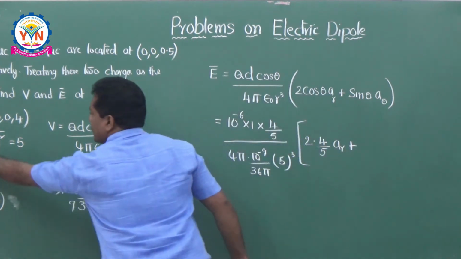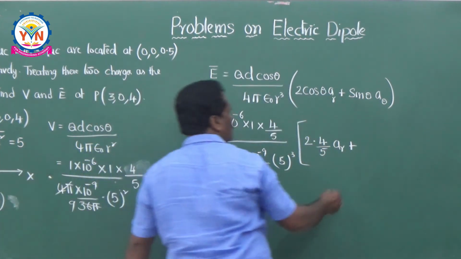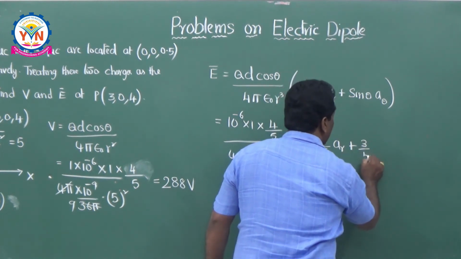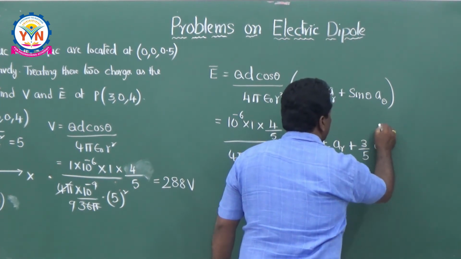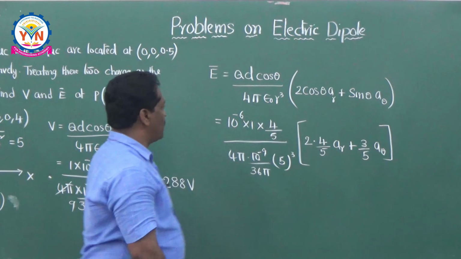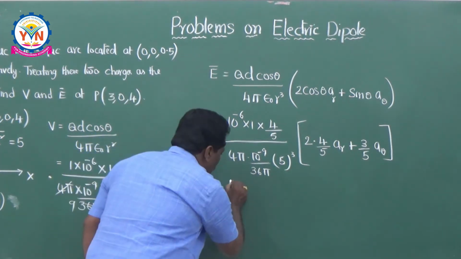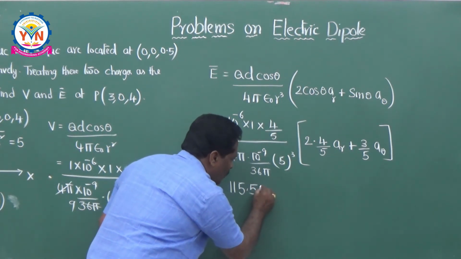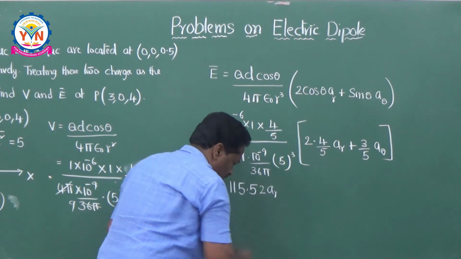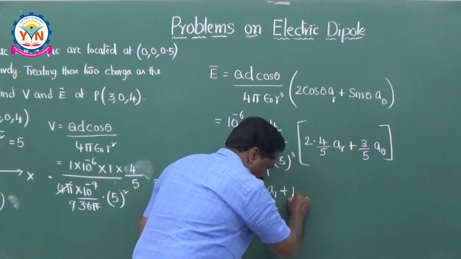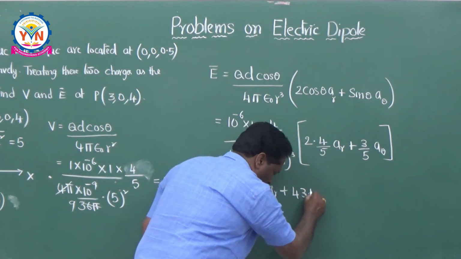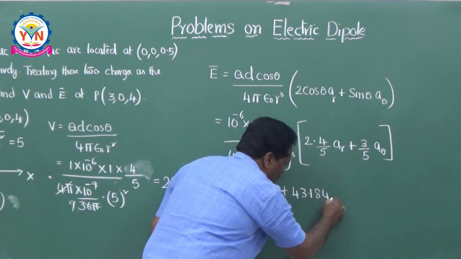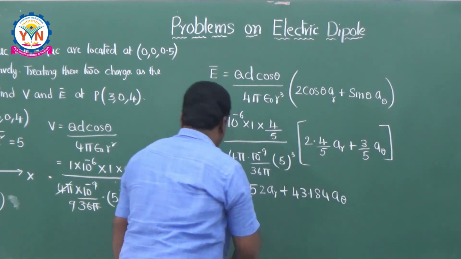What is sin theta? Sin theta is nothing but 3 by 5, so 3 by 5 A theta. Just simplify this. You are going to get 115.52 AR plus 43.184 A theta. This is E bar.